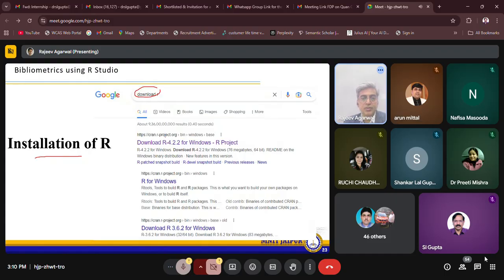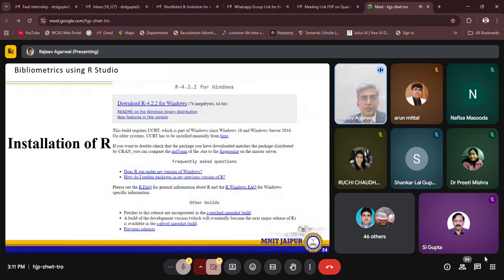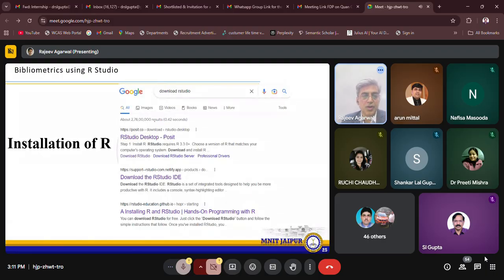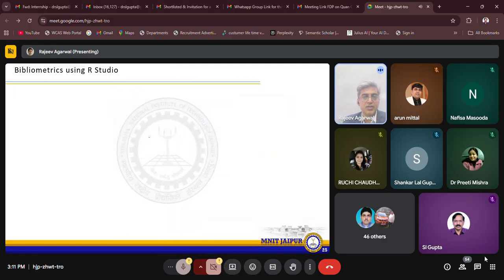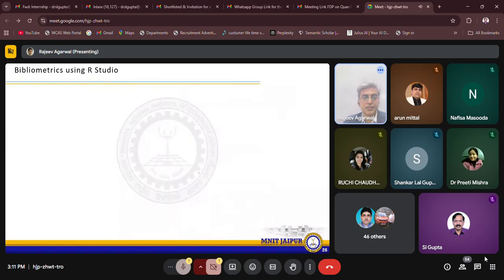Download R, where this is the download. Once the download comes, then installation can be done. This is R and this is RStudio. For R, this is R 4.2.2, and RStudio also.